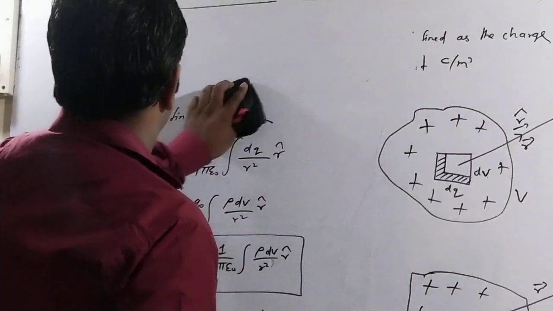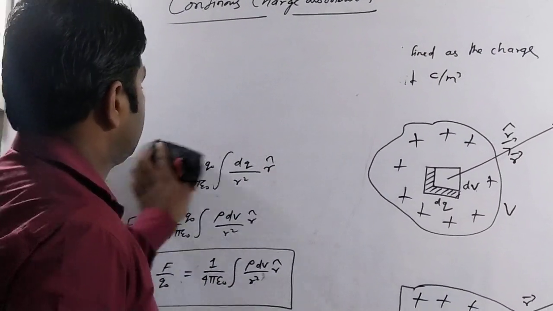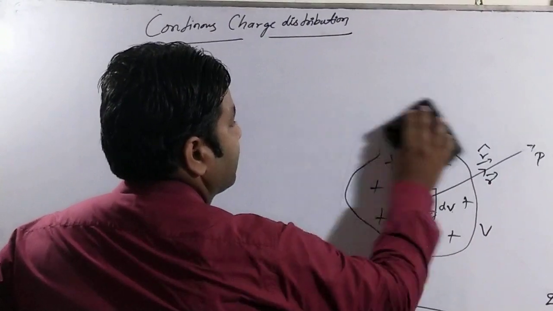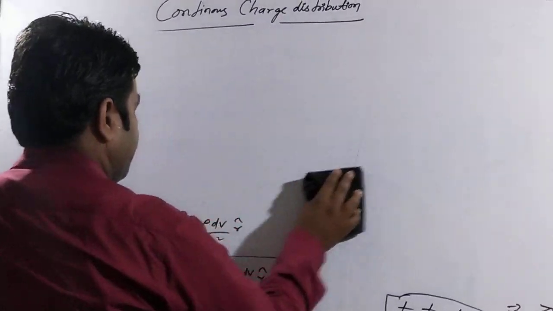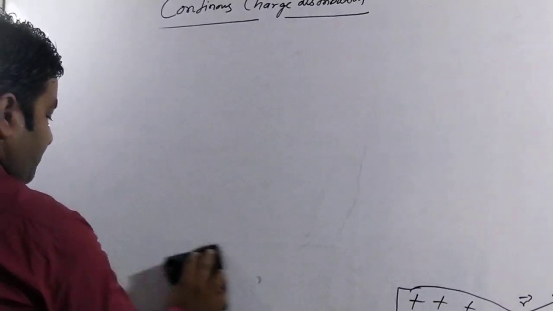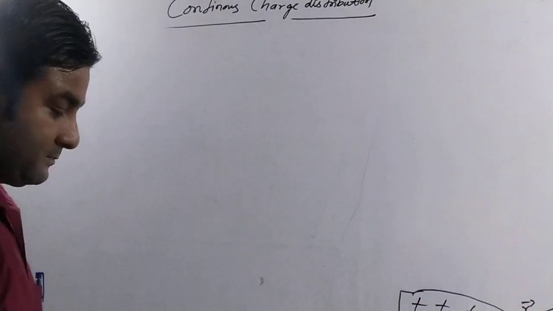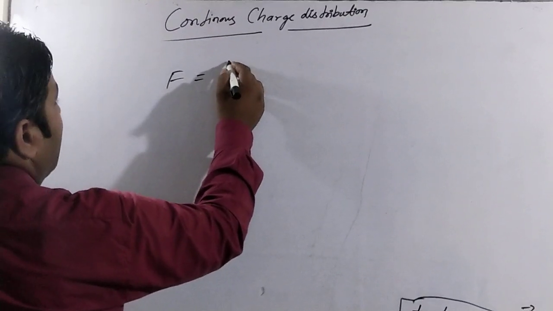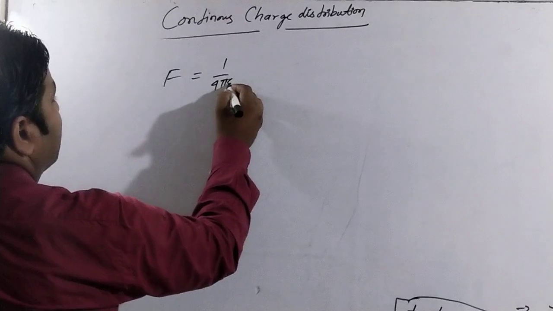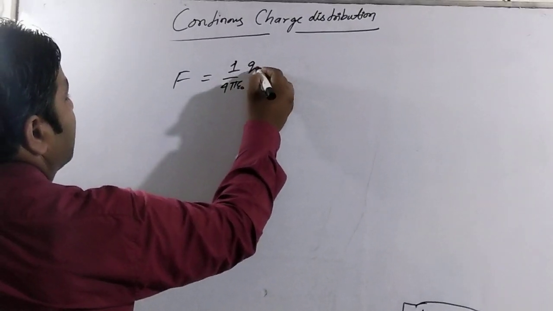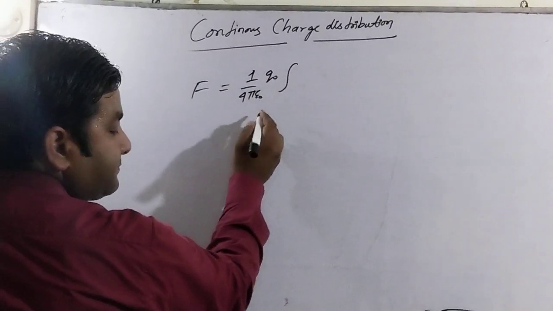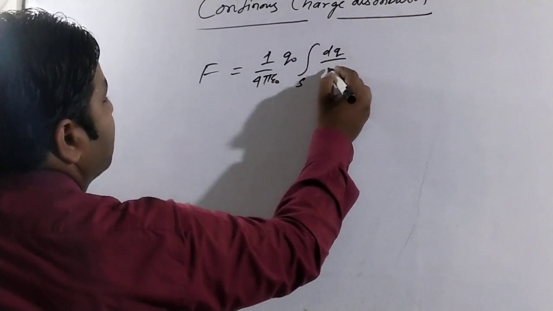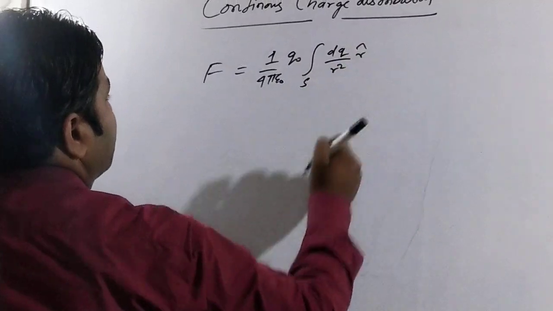In this case also, the value of force is very simple. F is equal to 1 upon 4 pi epsilon naught, q naught, integration over surface dq upon r square unit vector r.